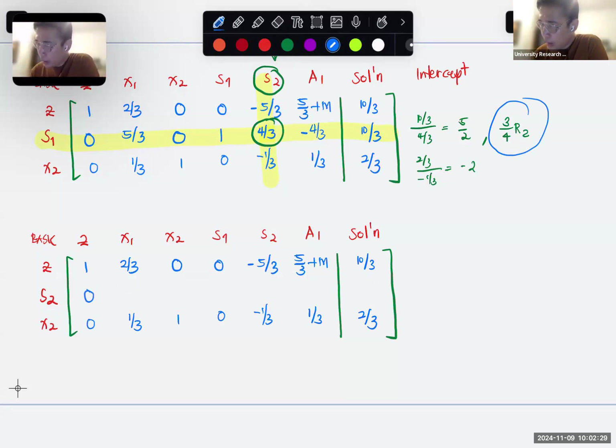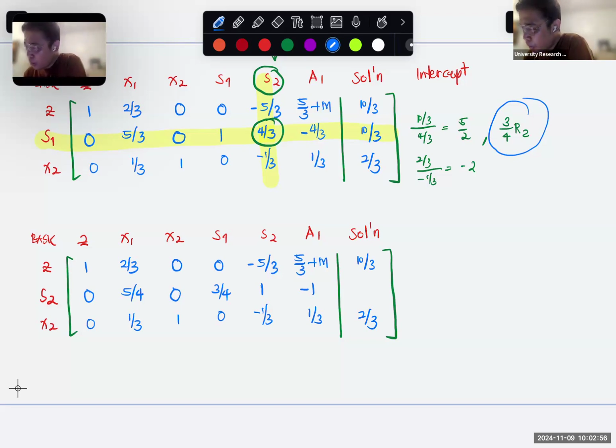So 5 over 3 times 3 over 4 is 5 over 4. So 0 times 3 over 4 is 0. So 1 times 3/4 is 3/4. So 4/3 times 3/4 is 1. Negative 4 over 3 times 3/4 is negative 1. And then 10 over 3 times 3/4 would be 10 over 4 or 5 over 2. Correct. So 0, 5 over 4, 0, 3 over 4, 1, negative 1, 5 over 2.